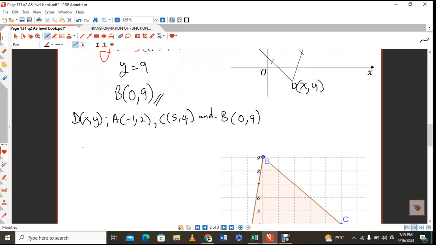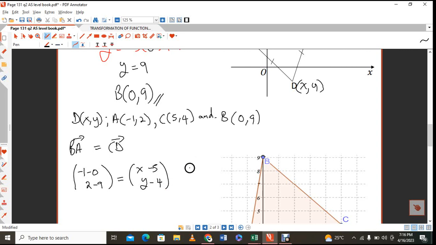So we can then say that vector BA equals vector CD, and now you have to be very consistent here when you are solving this. So the x value is negative 1 minus 0 and 2 minus 9, which should equal x minus 5 over y minus 4. Of course this can also be written another way, and you'll get to the same answer.